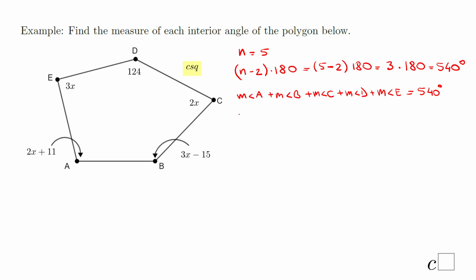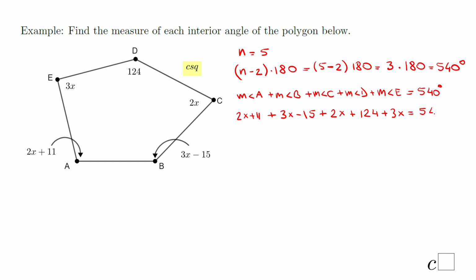Angle A is 2x plus 11. Angle B is 3x minus 15. Angle C is 2x. Angle D, we have a value of 124 degrees, and angle E is 3x. So I replace, and that will equal 540.